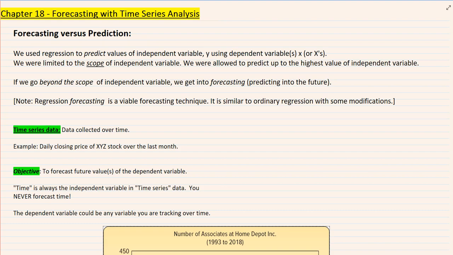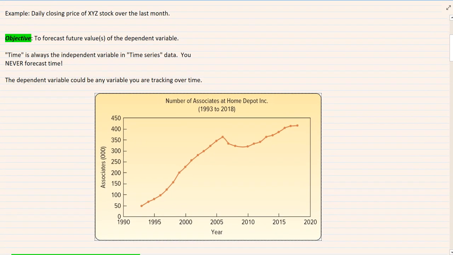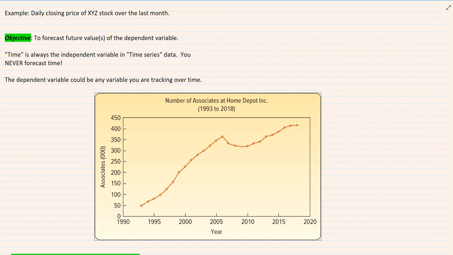So here I have some clips from your textbook. This is an example of a time series. Here we're looking at the number of sales associates at Home Depot between the years 1993 and 2018. Look at that steady rise in the number of employees or associates, in thousands.